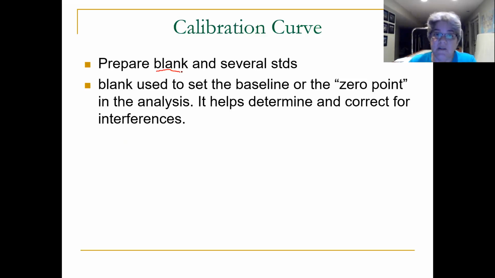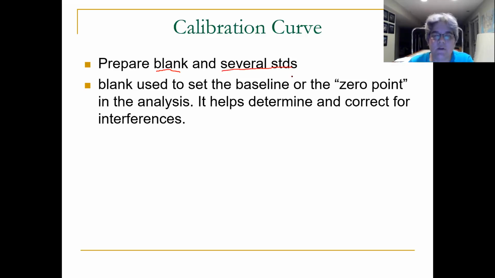And the job of the blank is to set that baseline, to set the 0 point. As we look in later chapters, we'll see the blank actually helps correct for different interferences. It's a very important thing to have. But for an absorbance measurement, we use it to set 0 because we know the absorbance of the blank should be 0.